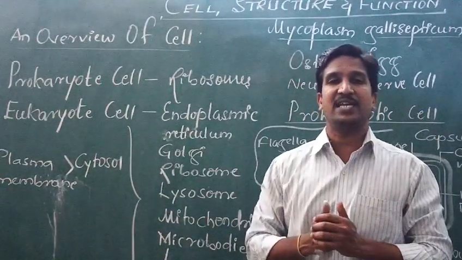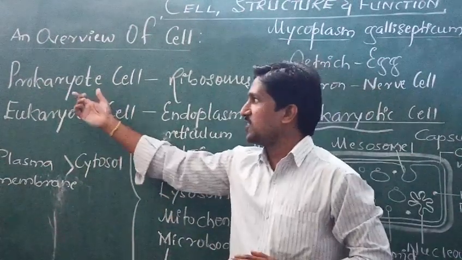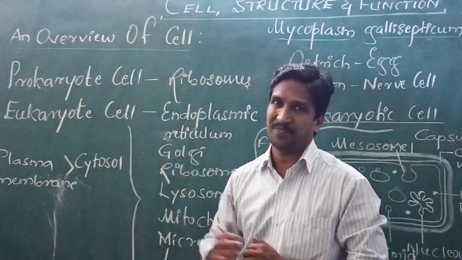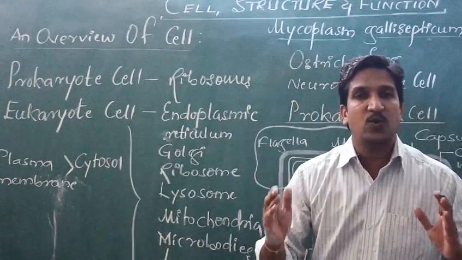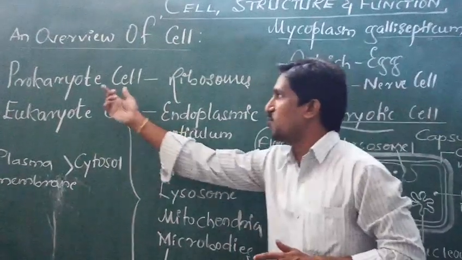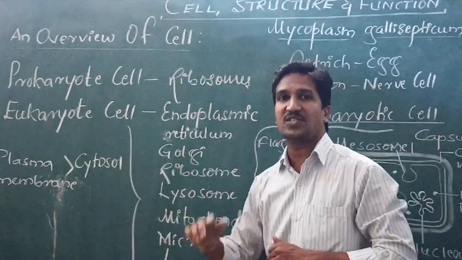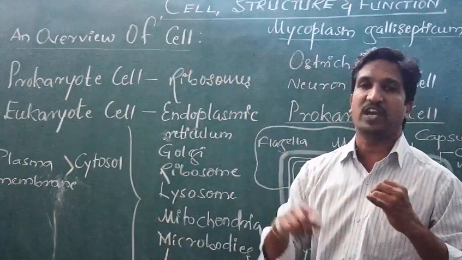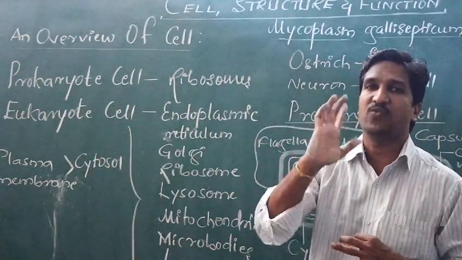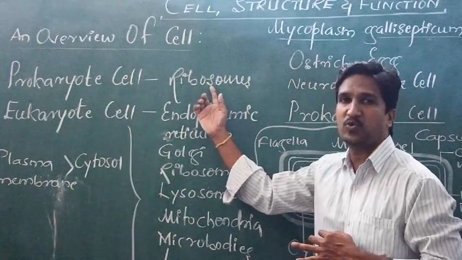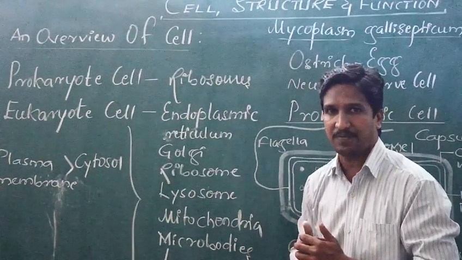Prokaryotic cells may have a cell wall and a cell membrane, but they contain only one cell organelle, the ribosomes. The rest of the cell organelles will not be present in it.